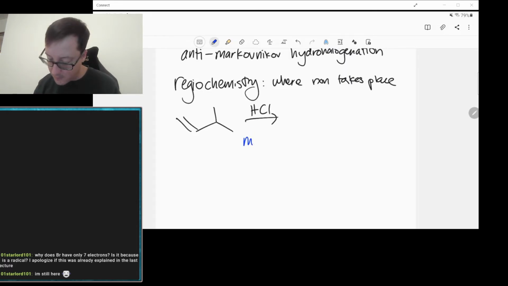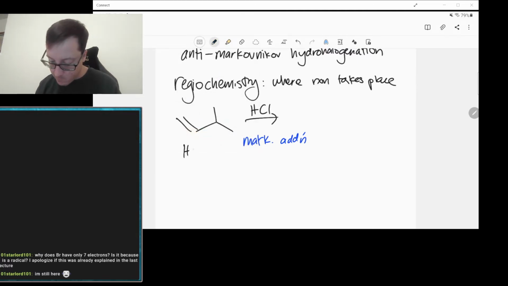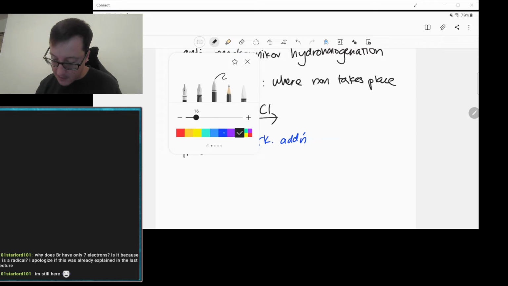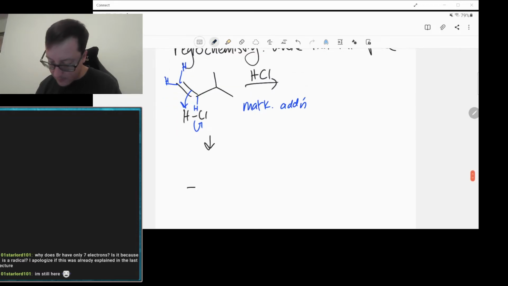This is a Markovnikov addition. So that tells us that we're going to attach the hydrogen onto our richer side, which means it's going to go on the left for this particular one. So if it goes on the left, we now have 3 hydrogens there.